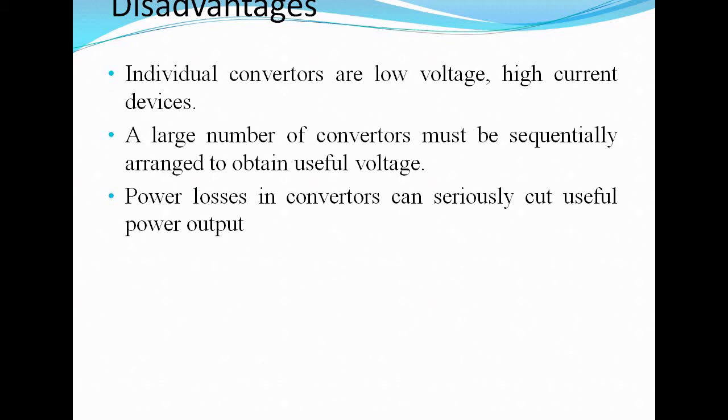So if our requirement of high voltage or high current is there, we have to connect one generator with another, so there is a combination, and that could be a bit of a problem. Power losses in converters can seriously cut the useful power output. So there can be power losses in the converters. That is a serious problem as far as power output is concerned.